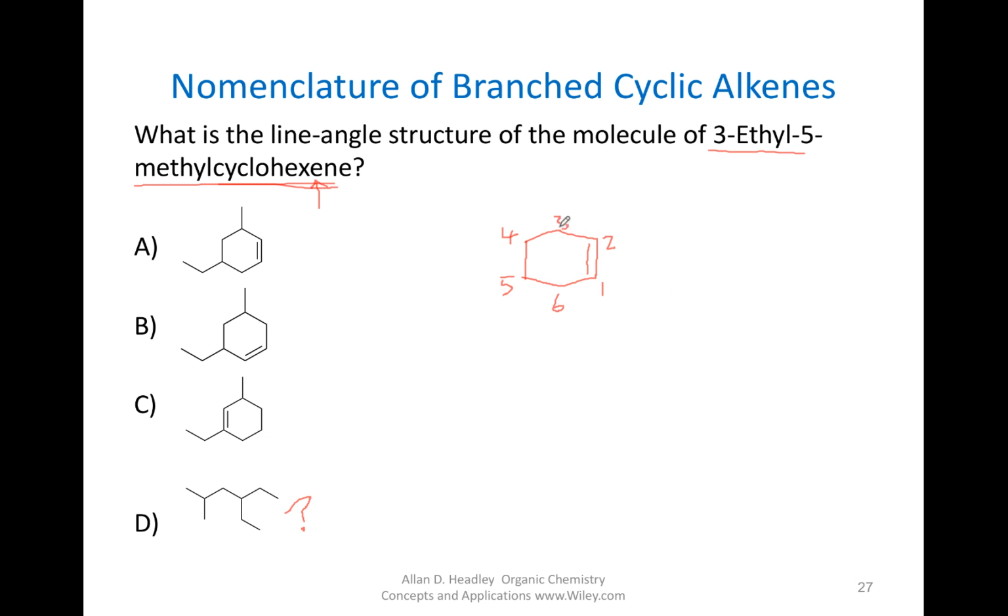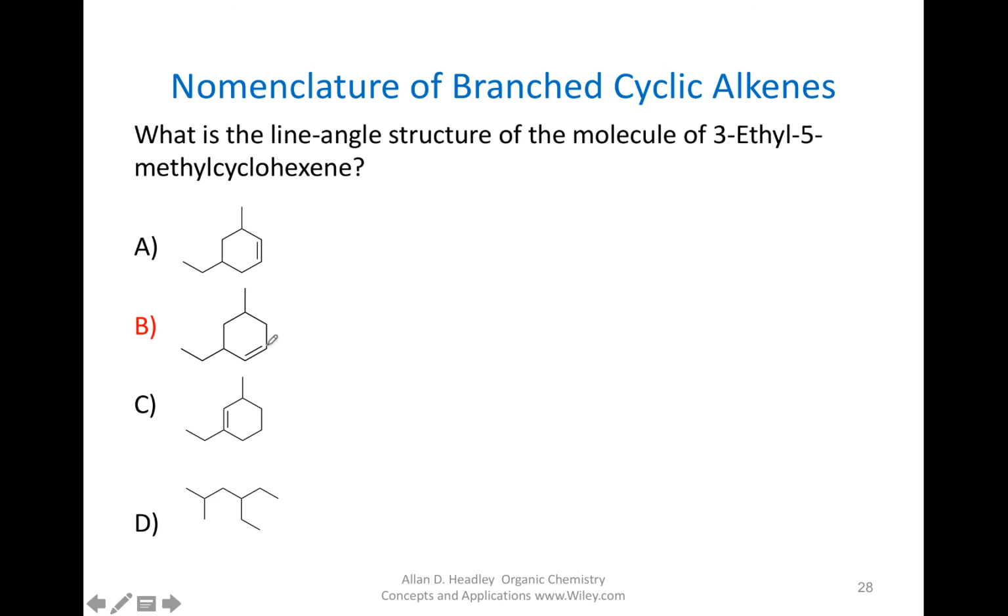It states on carbon 3 we have an ethyl group, and on carbon 5 we have a methyl group. So let's see which one would match that. So once again, you may want to pause the video here and work this through. Work it through and see what answer you come up with. And let's check the next slide.